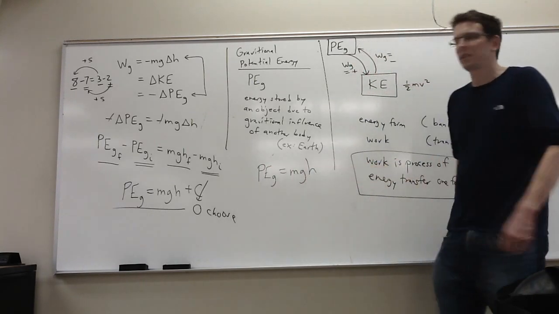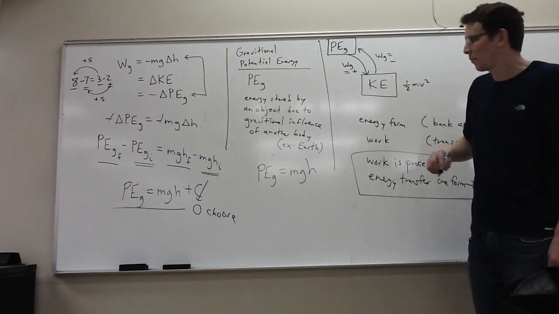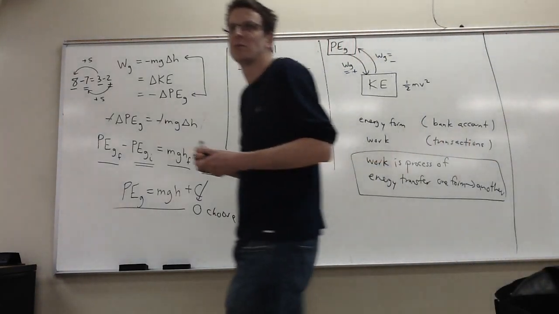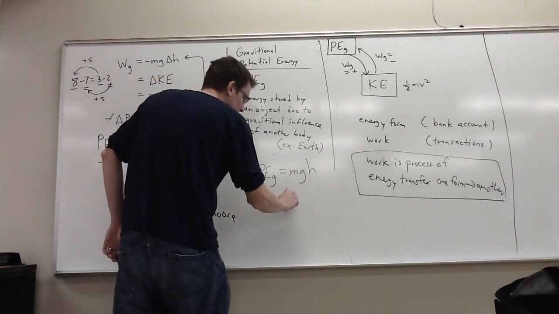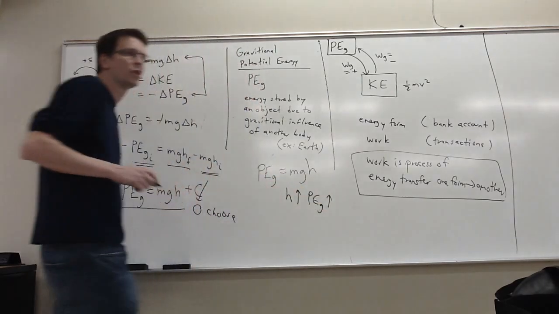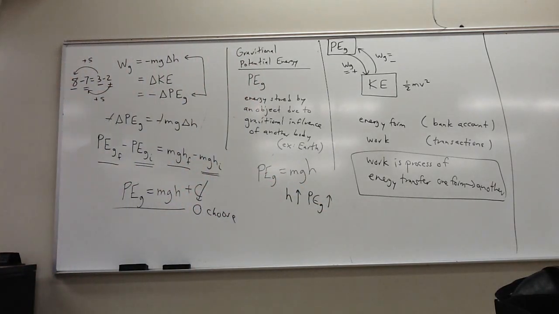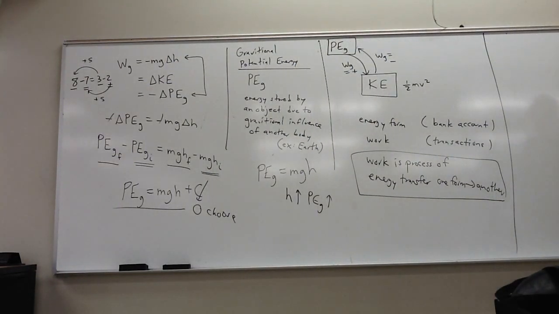Here's our formula for the amount of energy that is stored in an object. That is going to be my equation for potential energy. The most important thing to notice is that if you go higher, you will store more energy. Now you might say, well, higher above what?